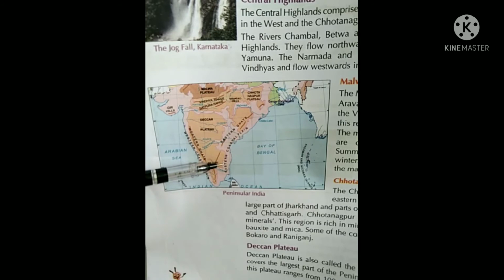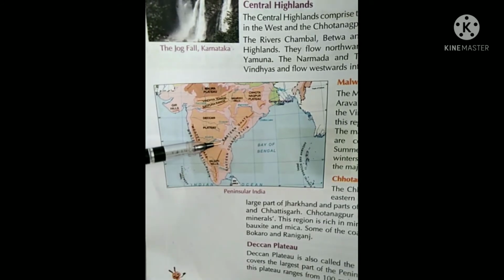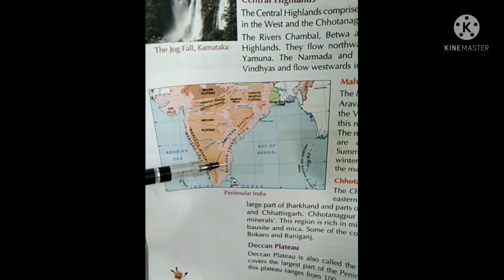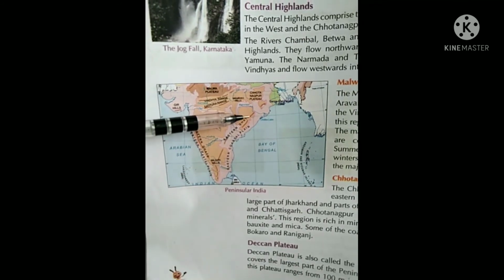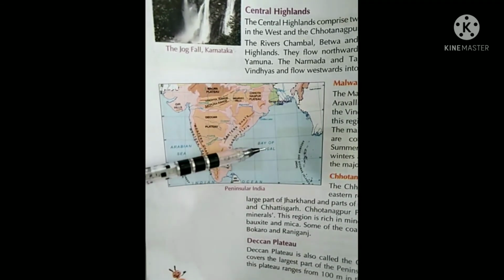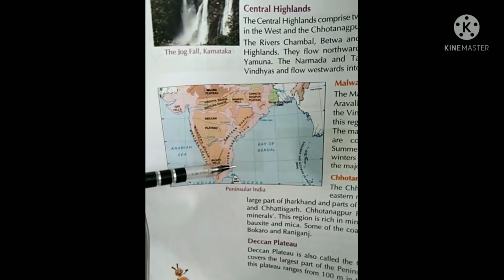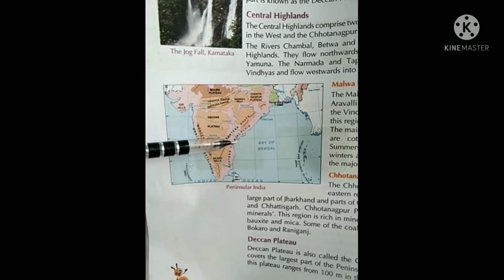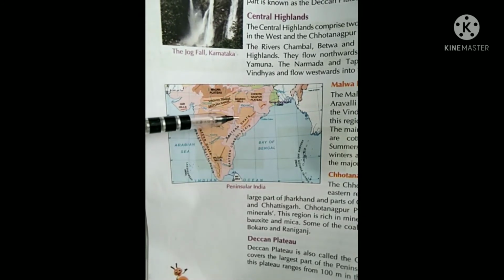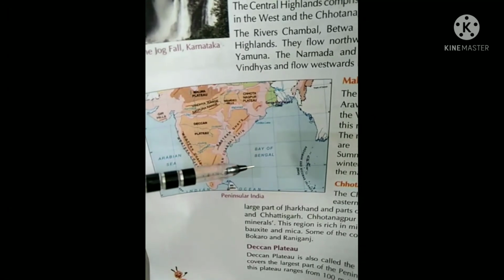It is a wide stretch lying between the Eastern Ghats and the Bay of Bengal. This is Eastern Ghats and this is the Bay of Bengal. You can see here, this is the eastern coastal plain. What we are seeing, this is eastern coastal plains. It is between the Eastern Ghats and the Bay of Bengal, isn't it?